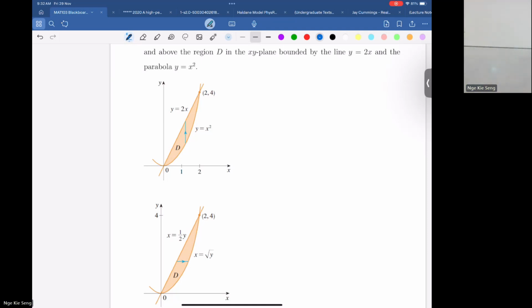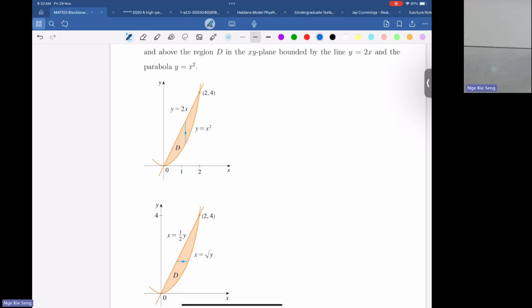So you try some values, right? Just try some values of x between 0 and 2. For example, if you check x equals 1, you can see that 2x gives you a larger number than x squared. So only on this region, y equals 2x is higher than y equals x squared.